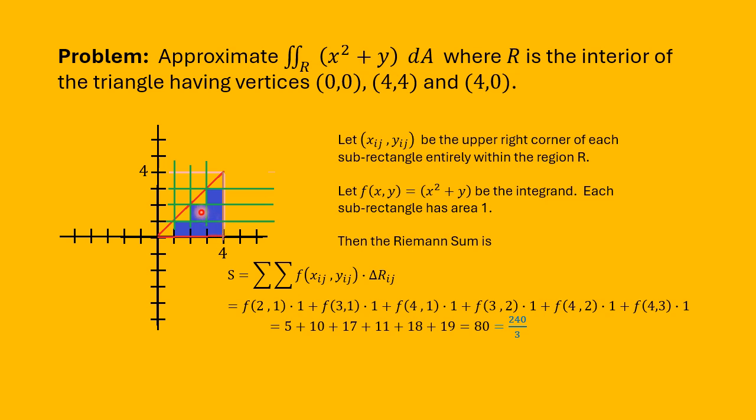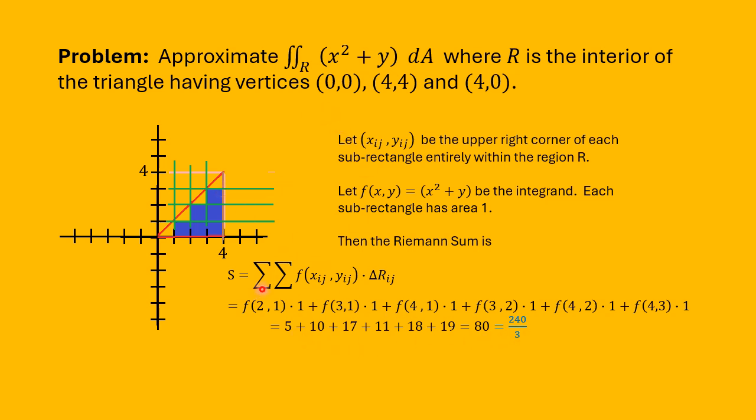And then going up to here, we use this point, which is 3, 2, and then this point here is going to be 4, 2, and then for this square, the upper right-hand vertex is what? 4, 3. And so we plug all those in.